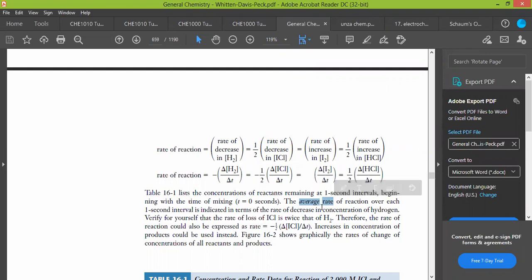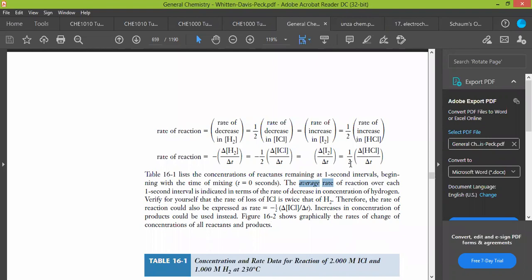So the average rate of a reaction is the overall rate of the reaction, or the overall rate at which a given reaction is taking place. So overall, average is overall.